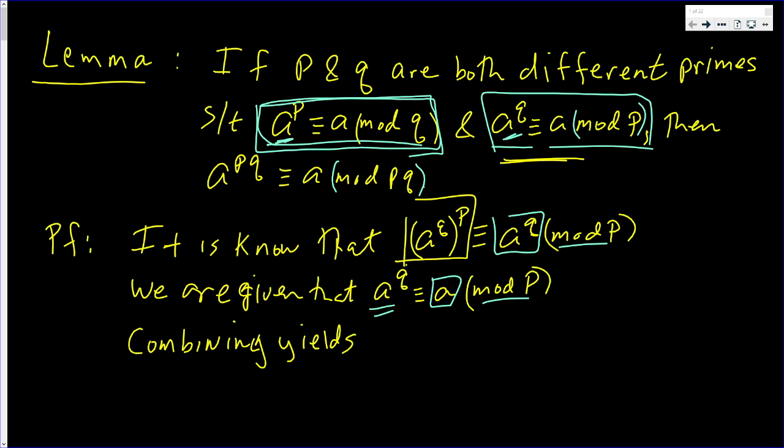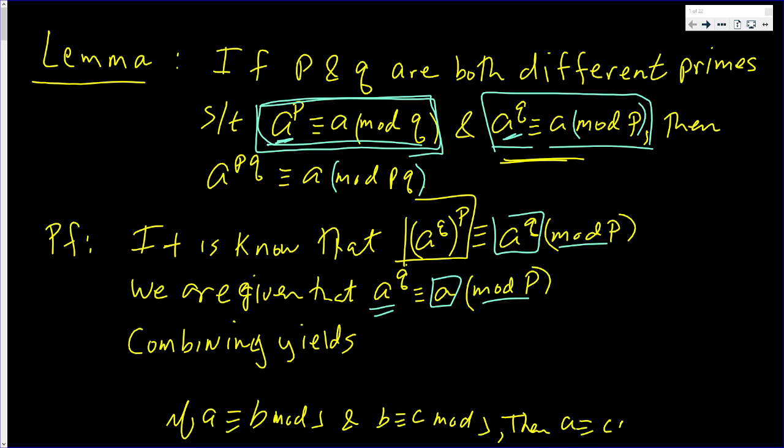Now you have the transitive law: if a is congruent to b mod j and b is congruent to c mod j, then a is congruent to c mod j.